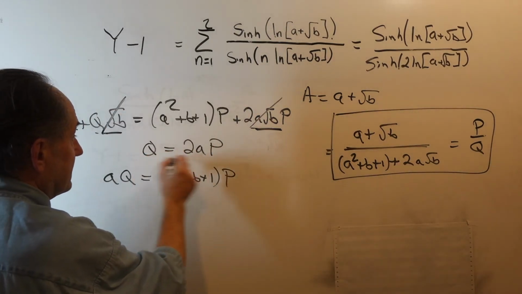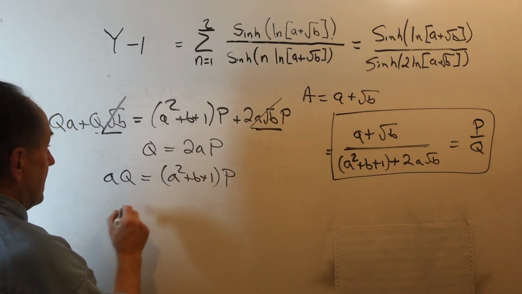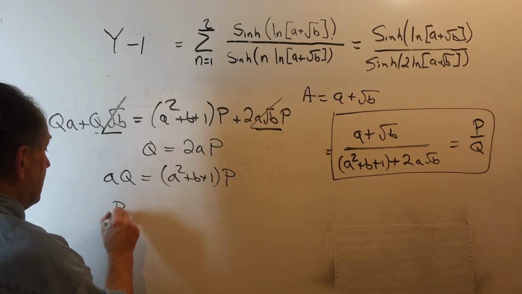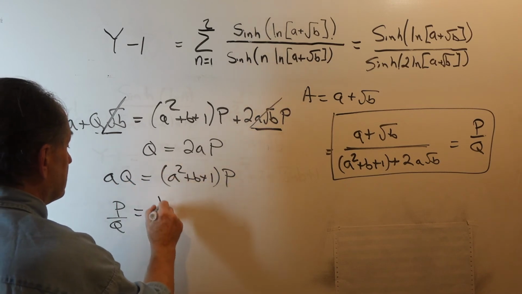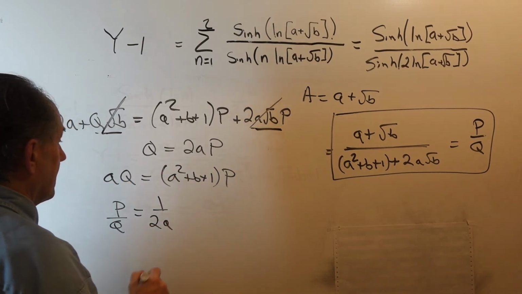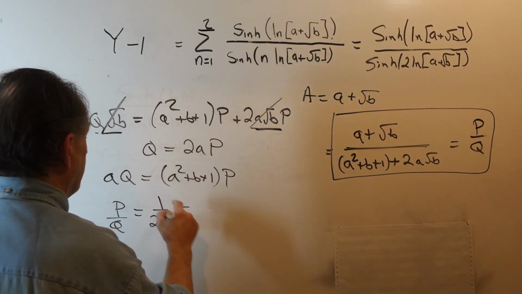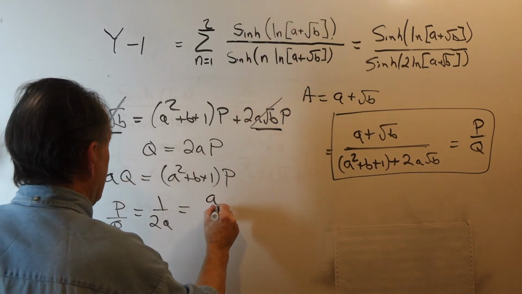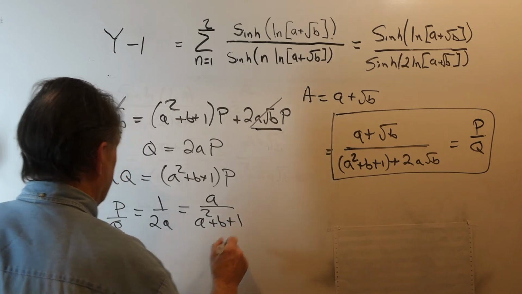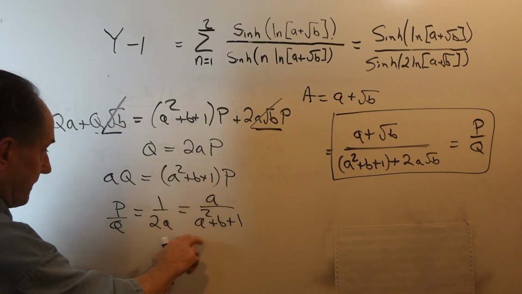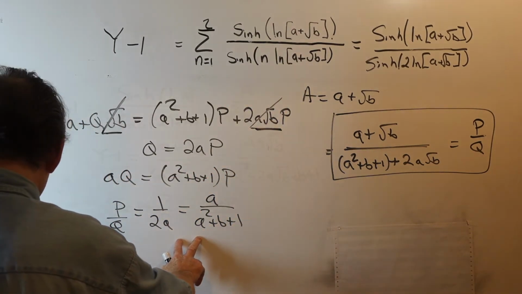If we write this as, for example, we can write this as p over q. This is the top one. P over q is 1 over 2a. But p over q is also a over a squared plus b plus 1. So we have an expression here now.